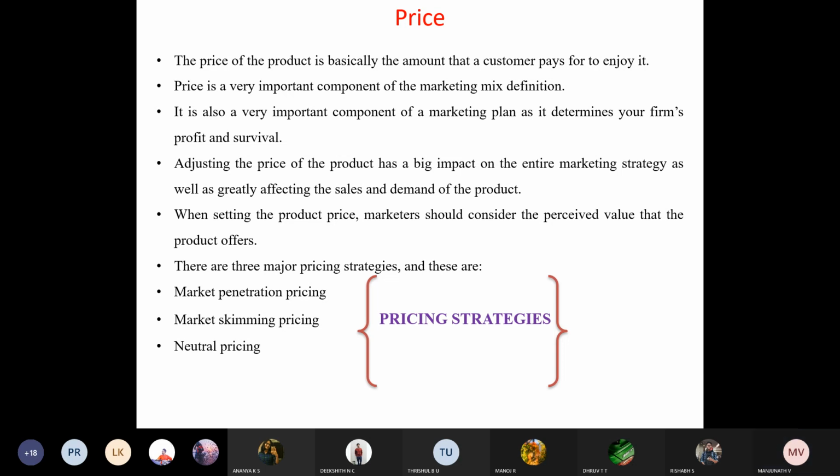Skimming. Now, because of the competition, today the prices are reduced. It is just because of many entrants, market competition.